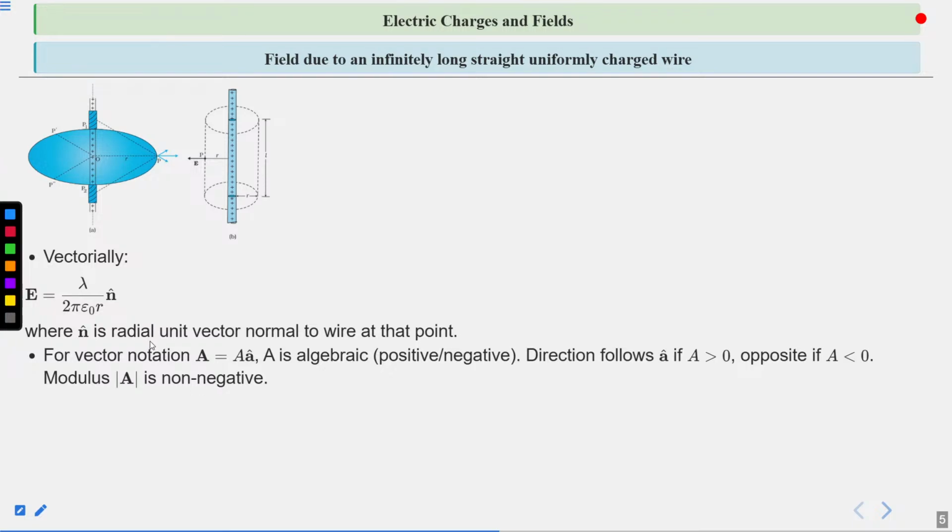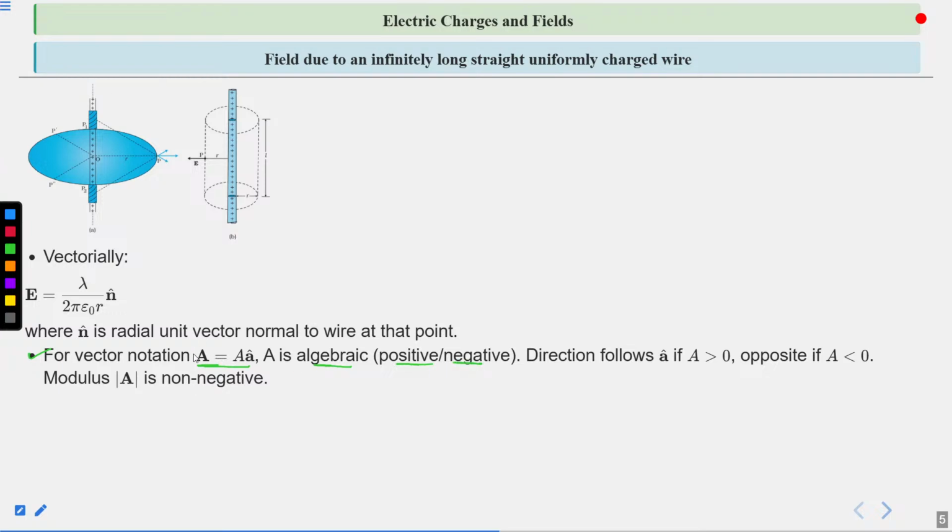Now vector notation. Look here, this is very important. For vector notation, the vector A is equal to the magnitude of A times A cap. The magnitude is algebraic, meaning positive or negative.